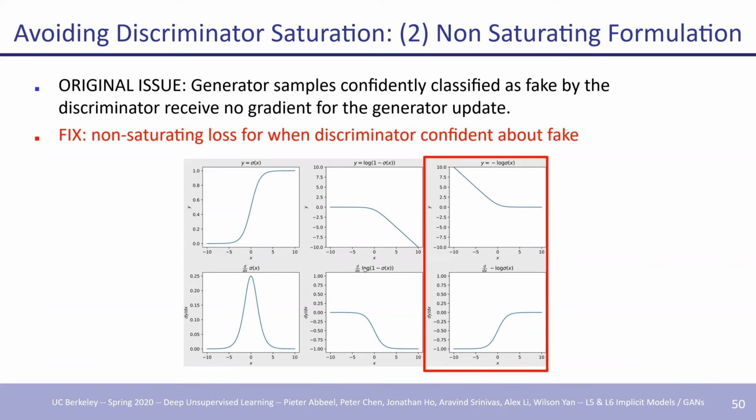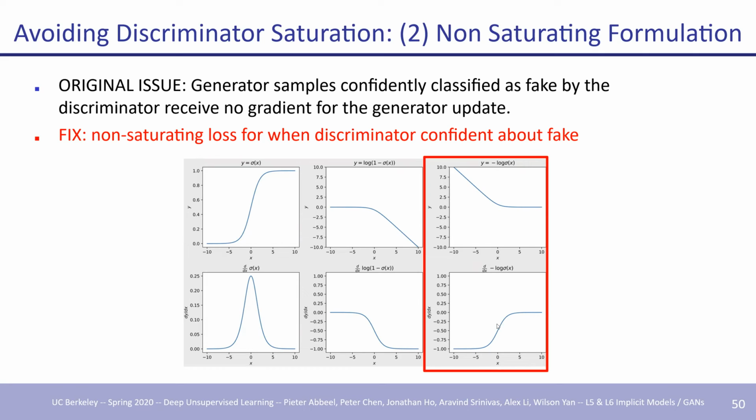And in the second case, the generator objective is to maximize the probability of being classified as true, right? Instead of minimizing the probability of predicting that the image is fake, we maximize the probability that the image is true. So it's kind of similar, but not exactly.